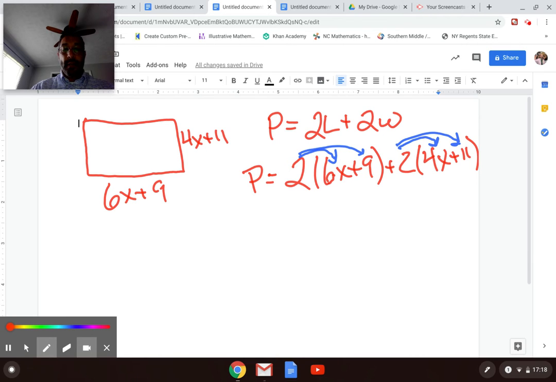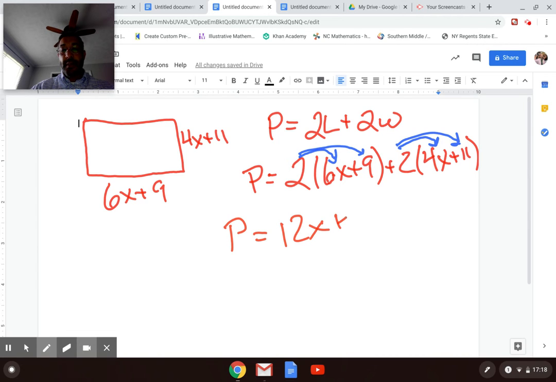And then when I do that, my perimeter equals 2 times 6, which is 12x, plus 2 times 9, which is going to be 18, plus 2 times 4, which is 8x, plus 2 times 11, which is 22.